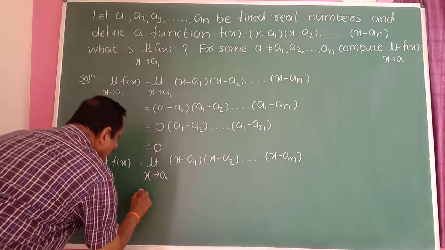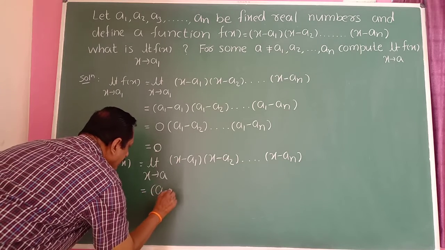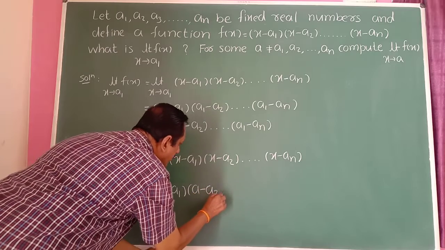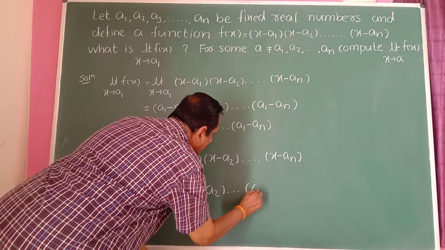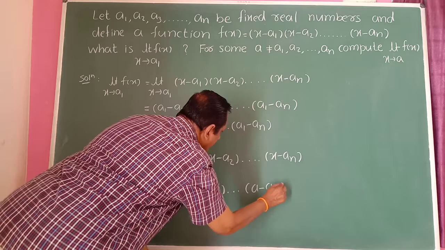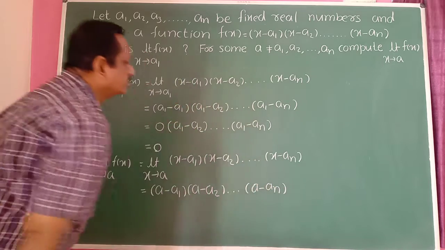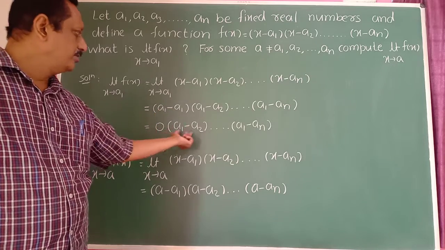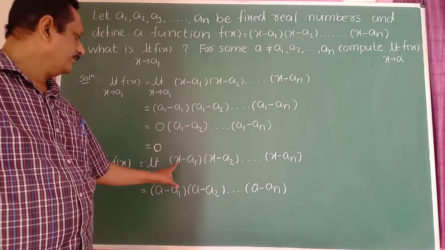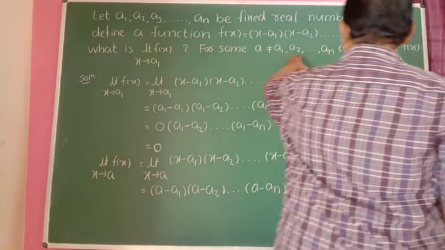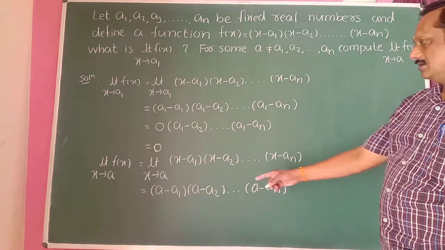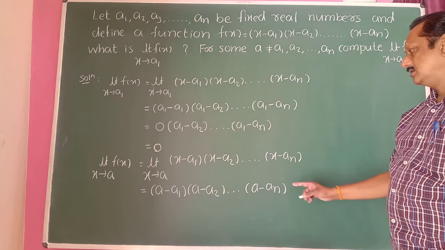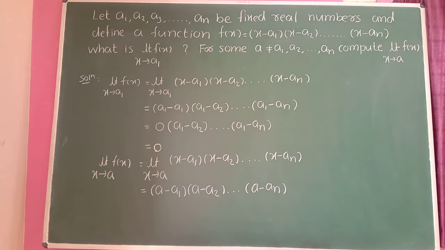Therefore, this is equal to (a minus a1) into (a minus a2) ... (a minus an). In the previous case this became 0, since 0 into any term becomes 0. Here a cannot be a1, a2 and so on an. Therefore, the answer is (a minus a1) into (a minus a2) and so on into (a minus an). This is the solution.